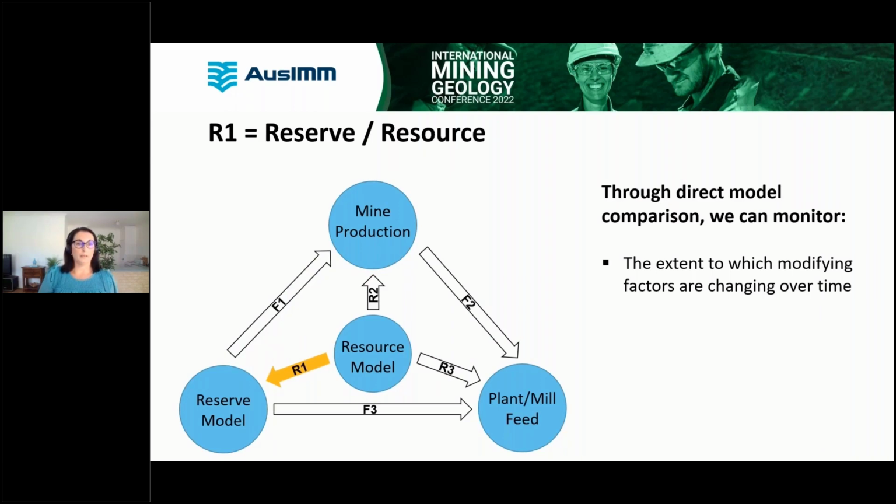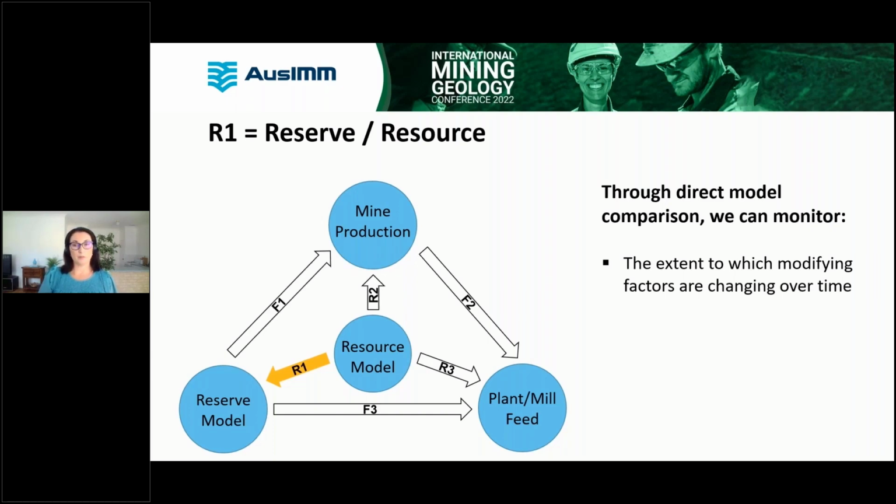Okay, the R1, the resource to the reserve model. So this really is that direct model comparison, and we're looking at the extent of how the modifying factors are changing over time. What I mean by that is, what does it take to convert that mineral resource into, say, an ore reserve, which is then economically mineable.